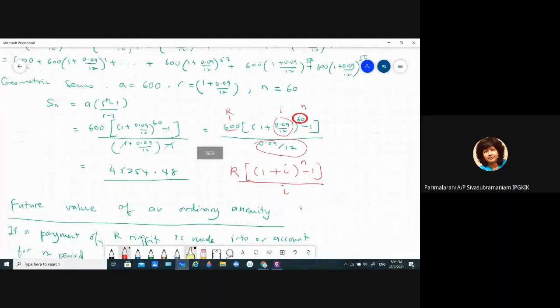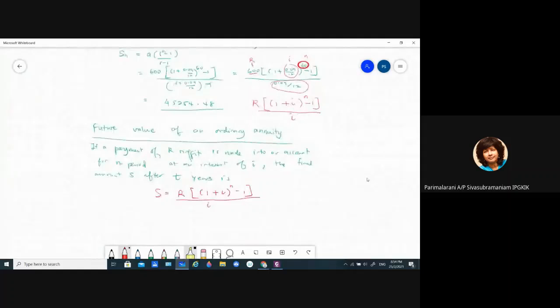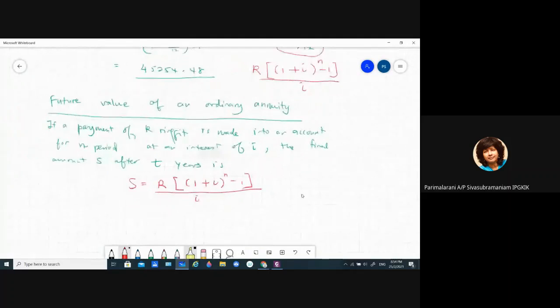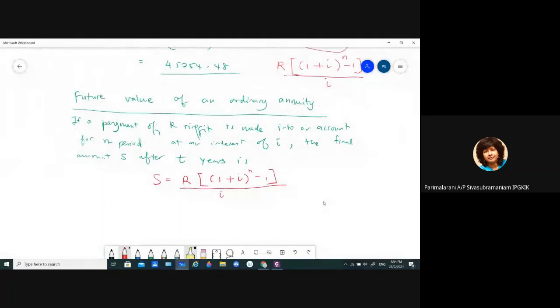From this, we have derived the formula. This formula was derived using geometric progression. So you know that using this formula, you will get the total value of all the compounded values.